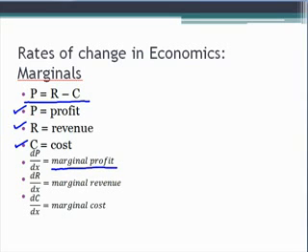Do you see the derivative of the profit with respect to the number of units sold? That's our notation then for the marginal profit, and it is simply the derivative of the profit function. Marginal revenue is the rate of change of the revenue, or dR/dx. And marginal cost is the rate of change of the cost, so it's the derivative of the cost function.